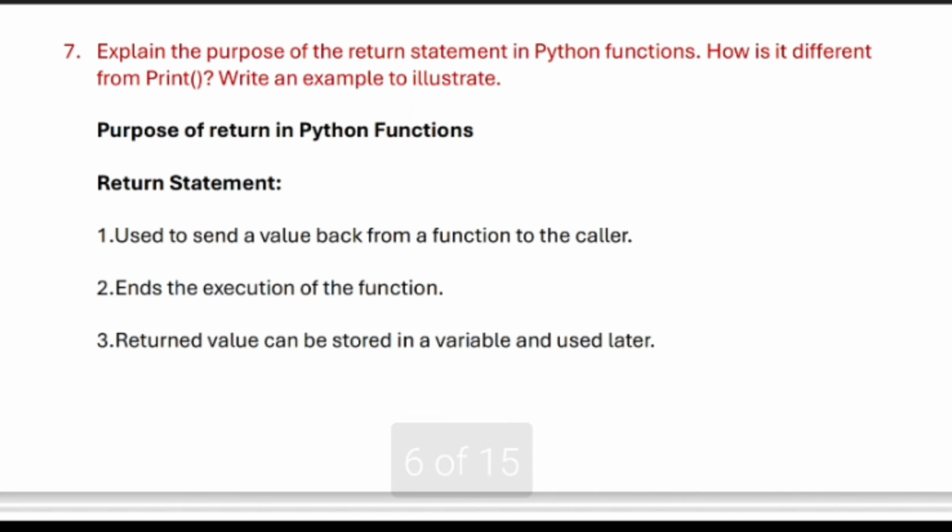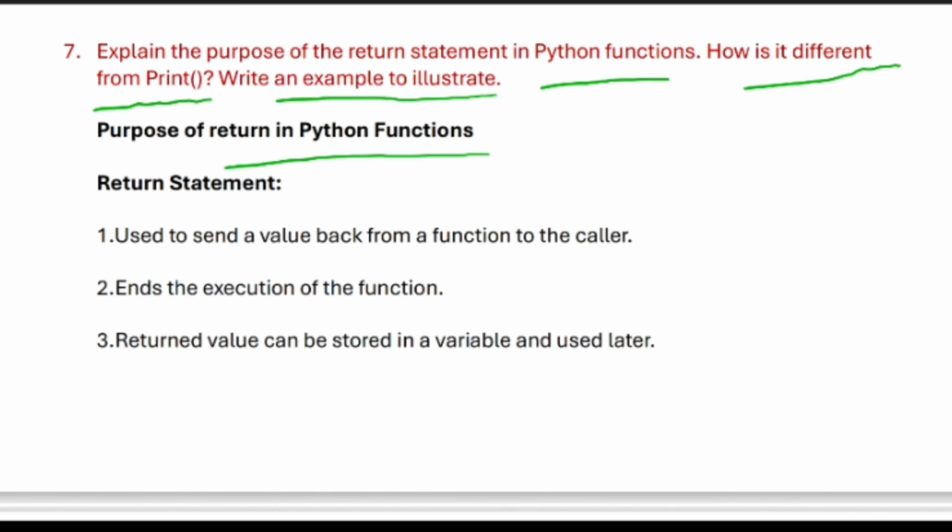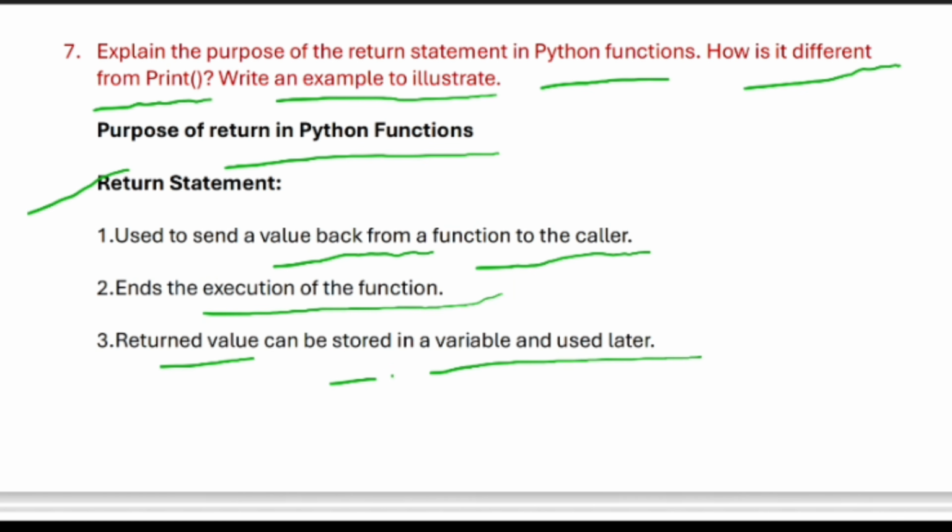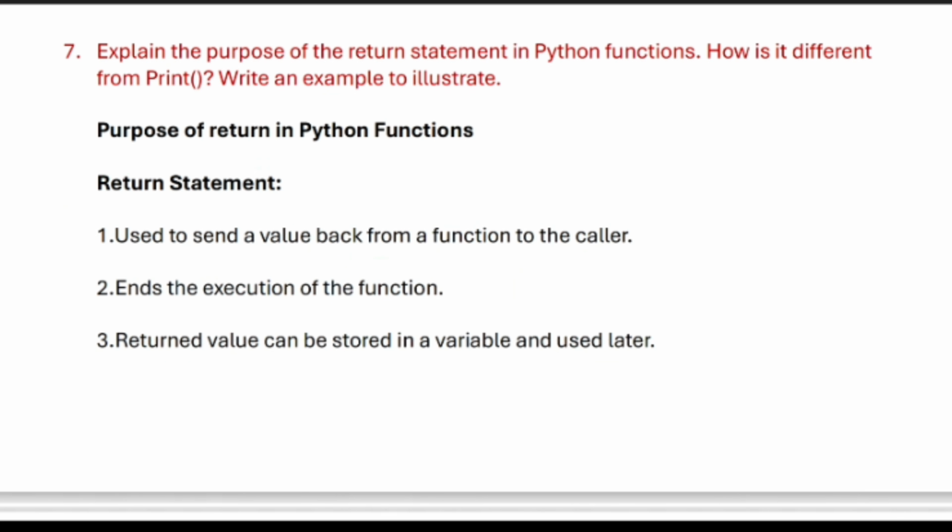Next is the seventh question: explain the purpose of the return statement in a Python function, how it is different from print, with an example. The return statement is used to send a value back from the function to the caller and end the execution of the function. The returned value can be stored in a variable and used later.